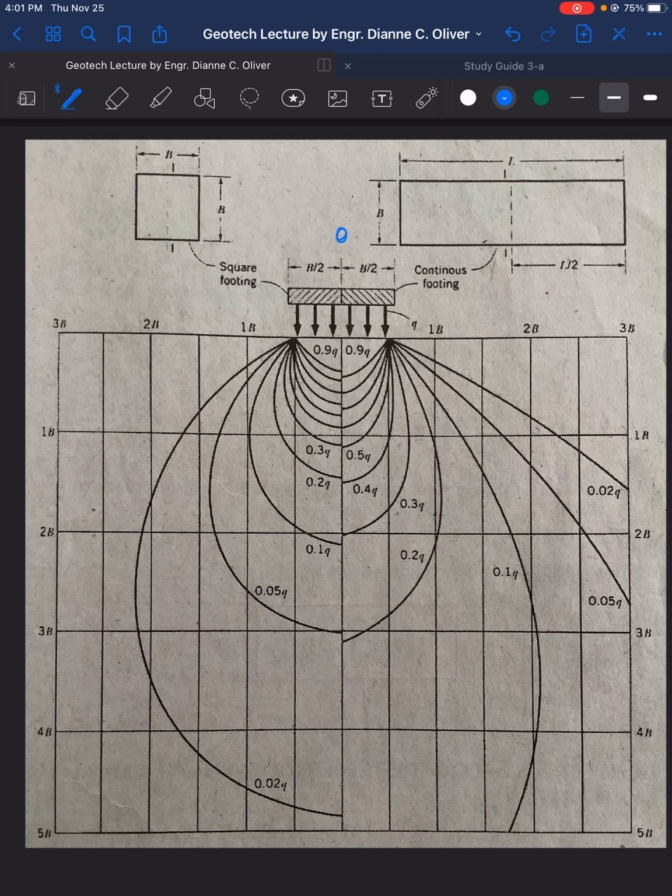Our X here, from this point up to here, equals 0.5B. I hope it is clear.